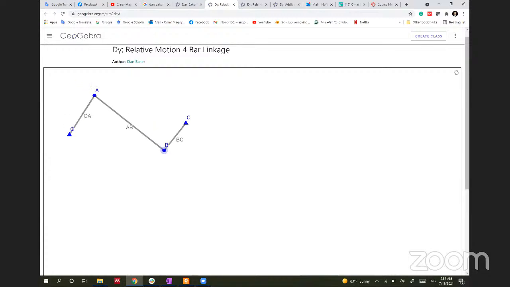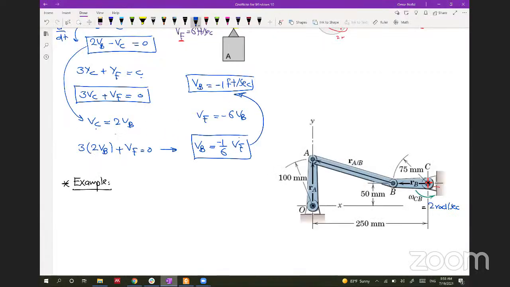When BC does counterclockwise rotation, AB will do clockwise rotation. If B is moving this way, it will be clockwise, and body OA is also moving clockwise, like this. So let's have this in our problem here.